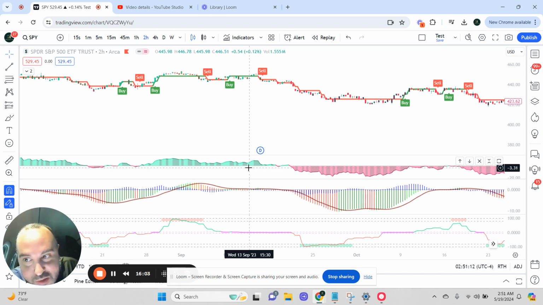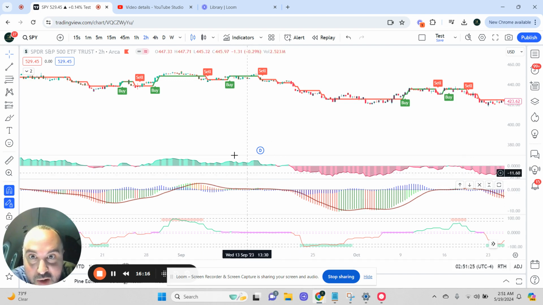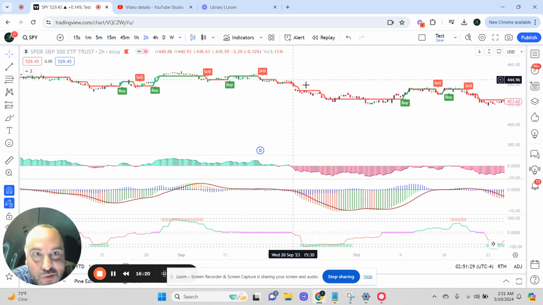And when do those false signals come? Almost always they come in sideways markets. So you use these to identify the sideways markets, and you can negate some of these signals and take the good ones.